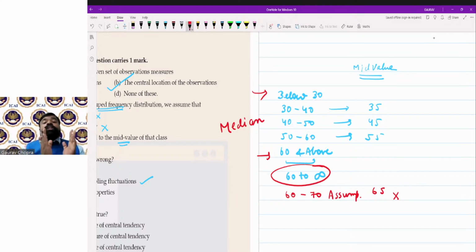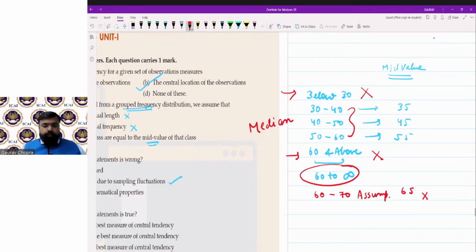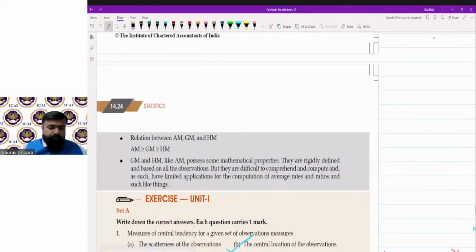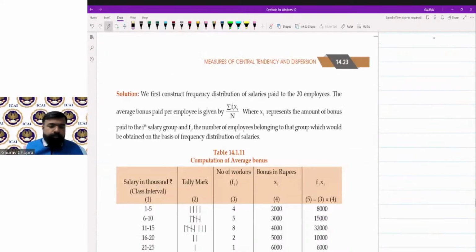Because median is a positional average, and its position will always lie in between. So below 30 will not get affected, above 60 will not get affected. Median always comes in between. So that is why for open end class interval, median is regarded as the best average. Okay. So let's read some properties of median first.